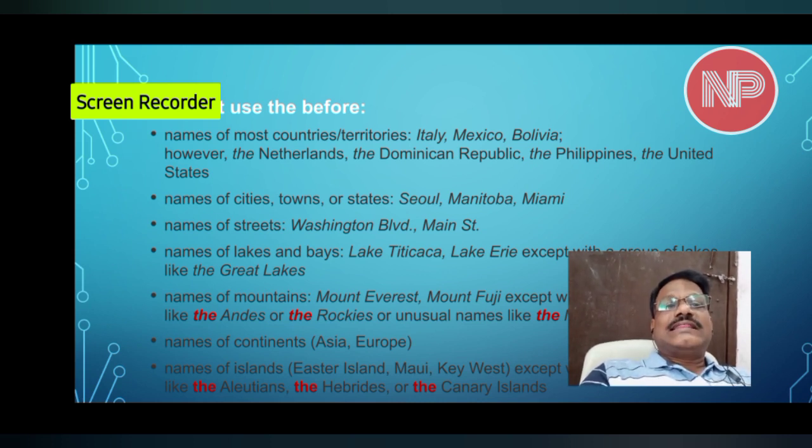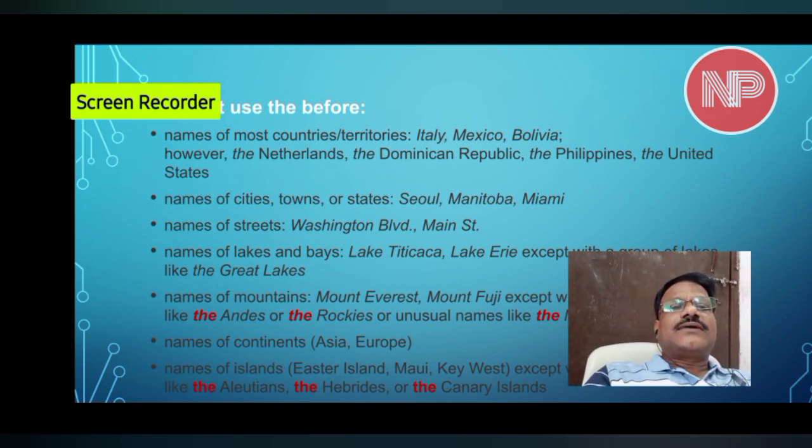However, the Netherlands, the Dominican Republic, the Philippines, the United States. Names of cities, towns, or states, Seoul, Manitoba, Miami, are names where we don't use the definite article the.